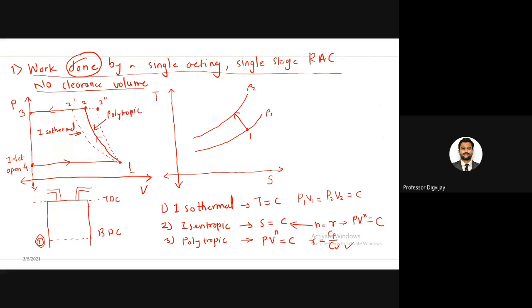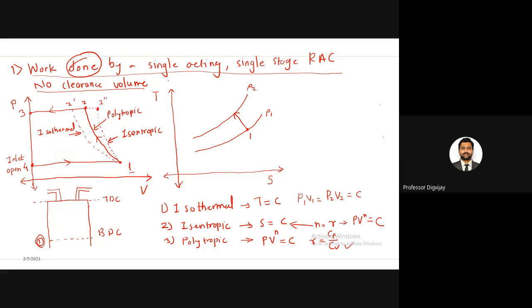And the steepest curve, the one with the highest slope, is the isentropic compression. So the inner curve is always isothermal, the outer curve is isentropic, and the middle one, in between isothermal and isentropic, is the polytropic curve.